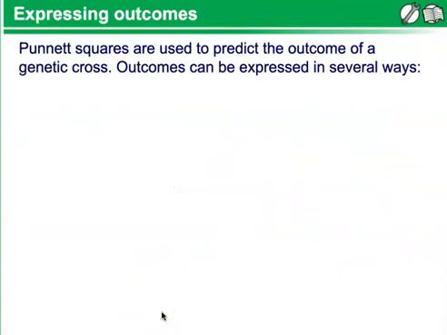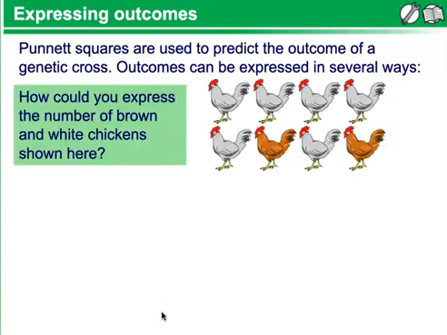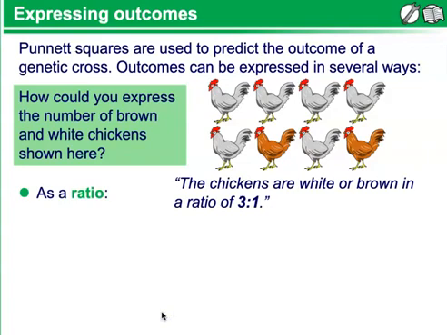Expressing outcomes. Punnett squares are used to predict the outcome of a genetic cross. Outcomes can be expressed in several ways. How could you express the number of brown and white chickens shown here? As a ratio, the chickens are white or brown in a ratio of 3 white chickens to 1 brown chicken.